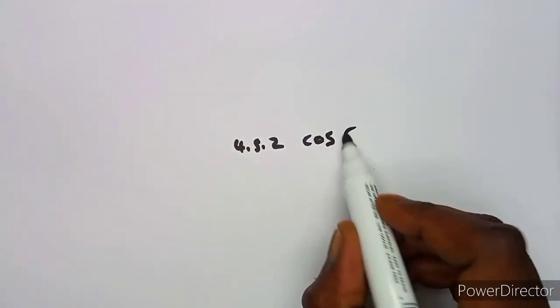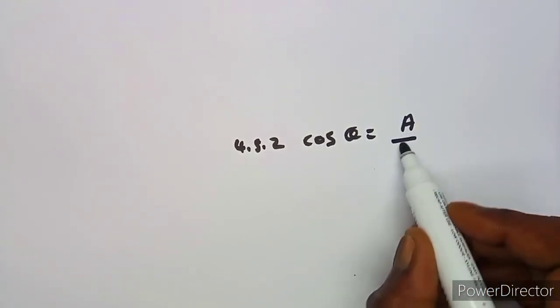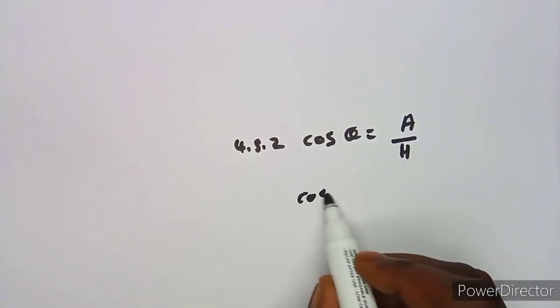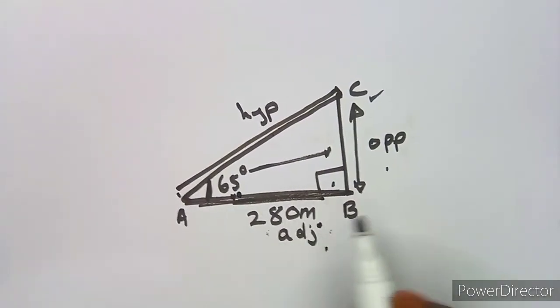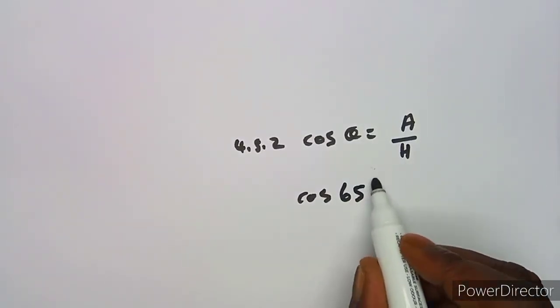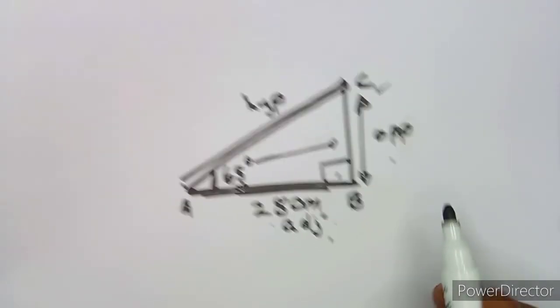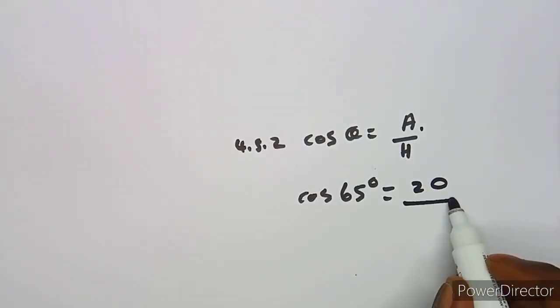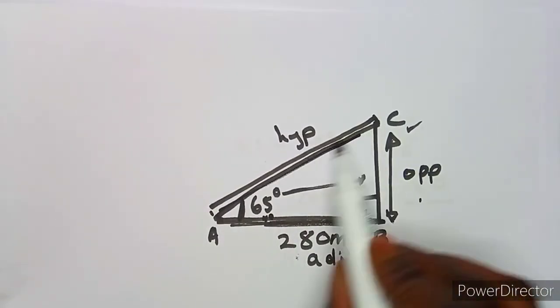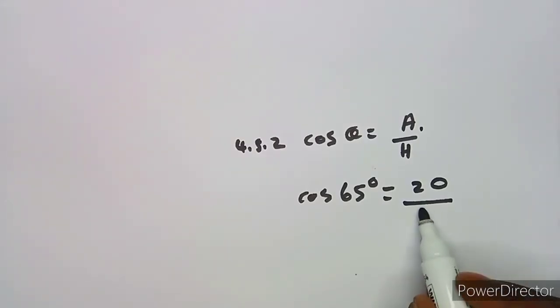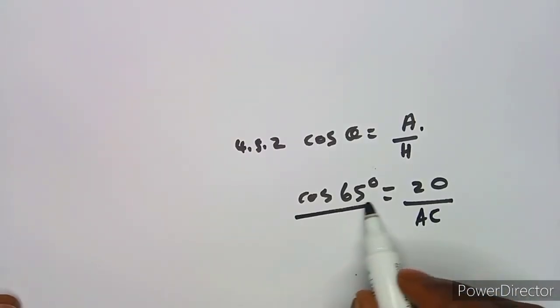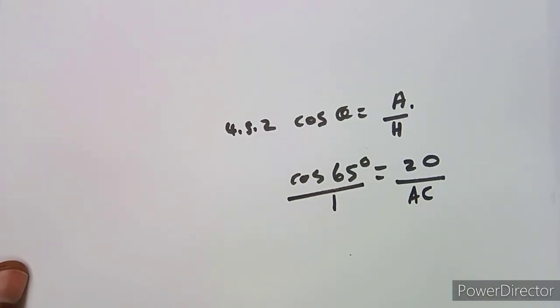Remember cos theta is equal to adjacent over hypotenuse, which is cos 65 degrees is equal to the adjacent, which is 280, over the hypotenuse, which is the one you want to calculate, AC. To find AC, you can cross multiply.